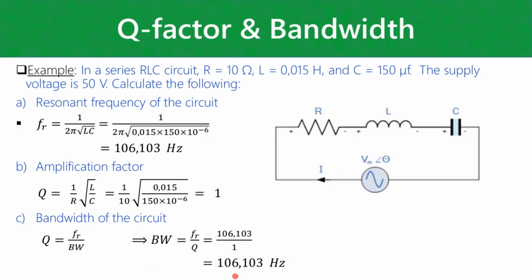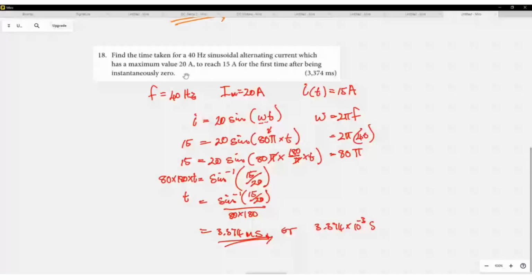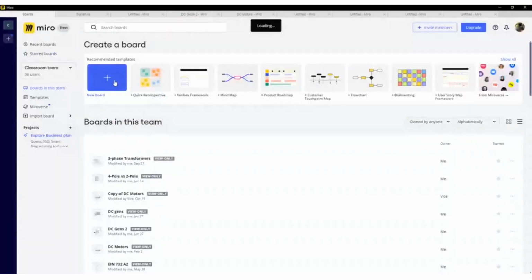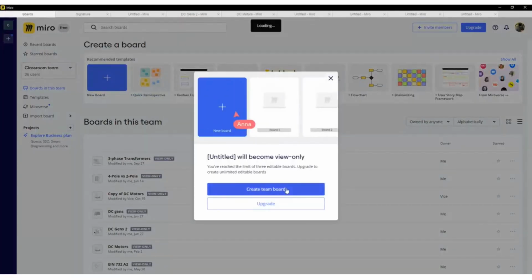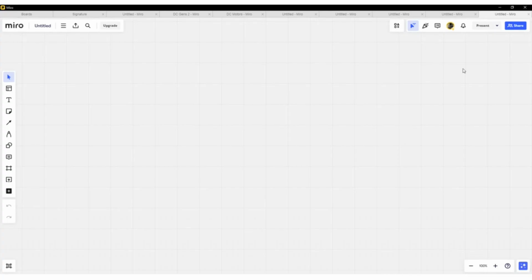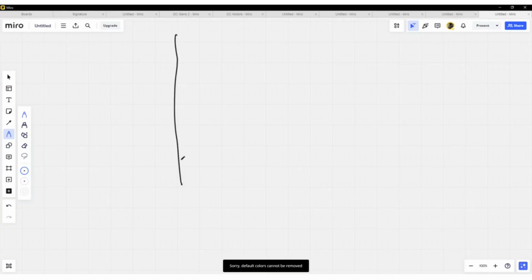So one more thing that I just quickly want to explain, I'm just going to use the whiteboard for this. And that's the idea behind selectivity and bandwidth. Okay, so I'm just going to do this by hand real quick.